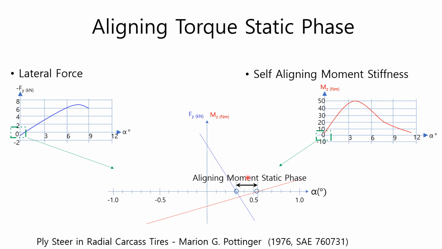Pottinger explained the tires will produce a vehicle pull even on a flat road if the aligning torque static phase of the front tires is not 0. In other words, pull force is produced whenever the lateral force and the self-aligning moment of the front tires do not become 0 at the same side slip angle.